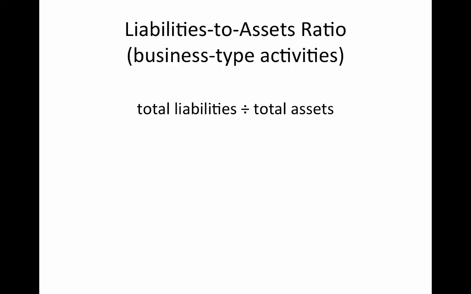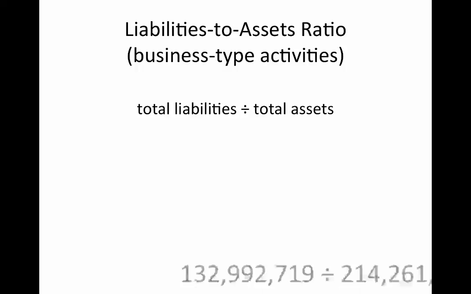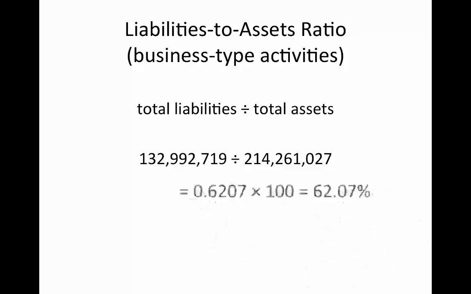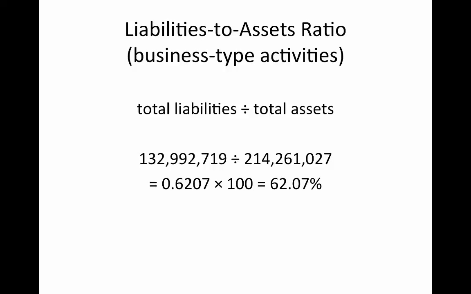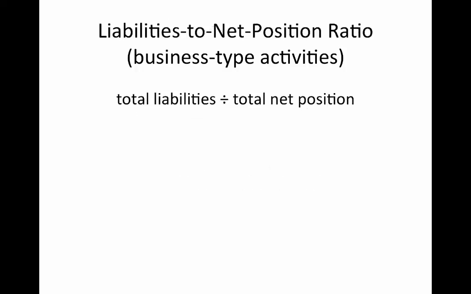Looking at the same ratios for the business-type activities, instead, you come up with a ratio of 62%. So for every dollar of assets of the business-type activities, those activities owe 62 cents. That's still a pretty high level of leverage, but not nearly as much as the governmental activities.